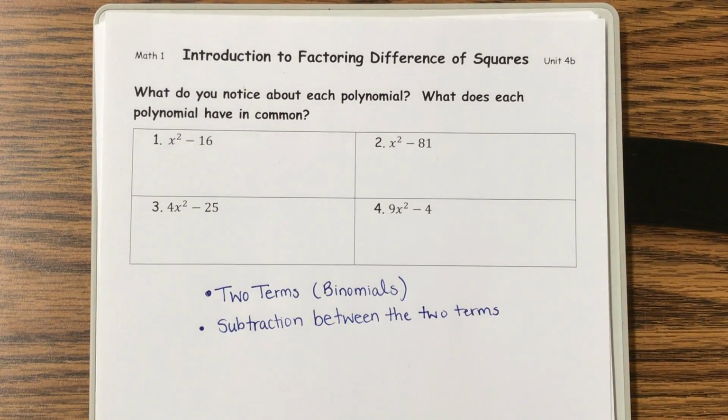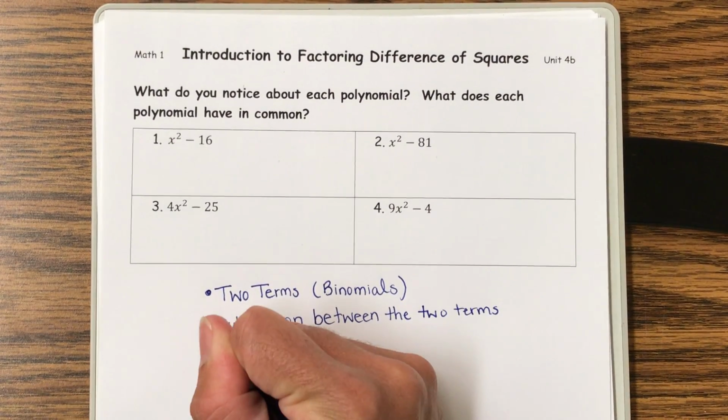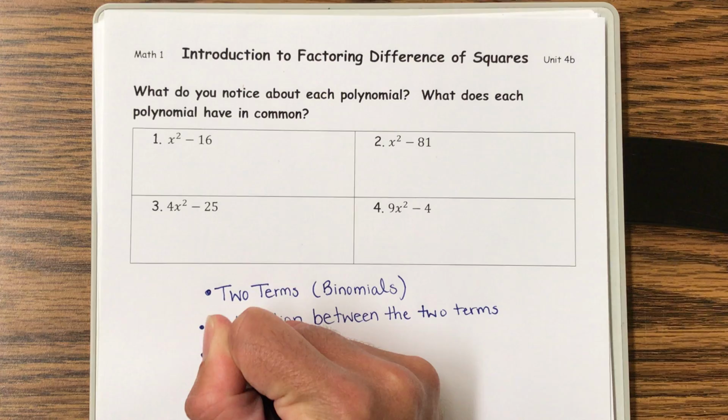Not sure if you saw this or not, but all four of these are quadratics, and that's going to be true most of the time. But in all four of these quadratics, notice how they don't have the linear term. They're missing the bx, or missing the linear term.